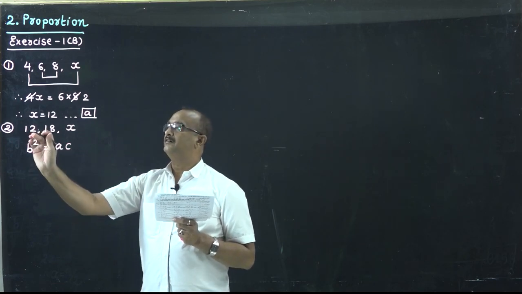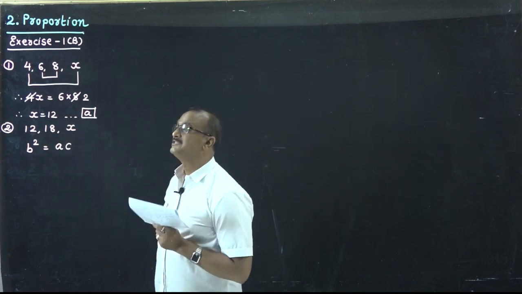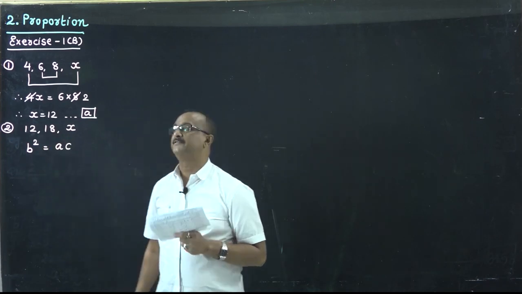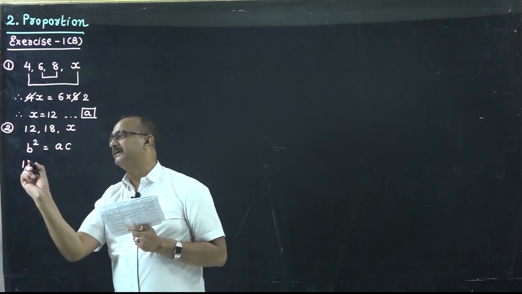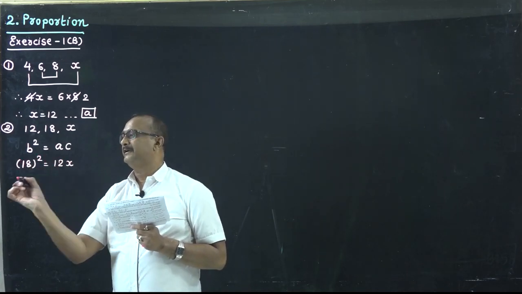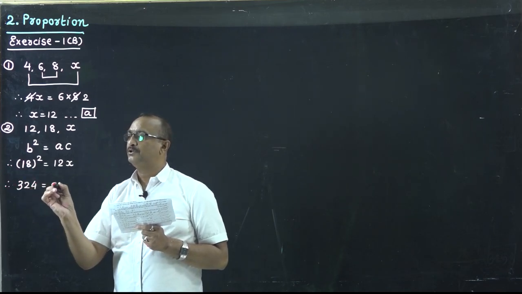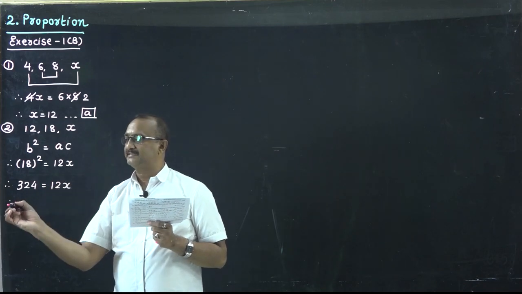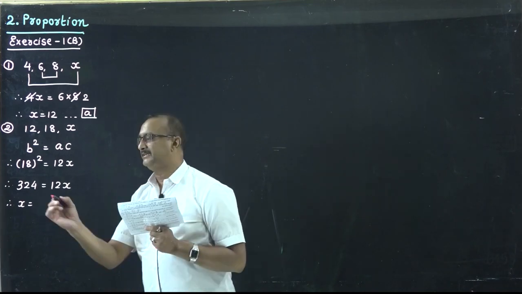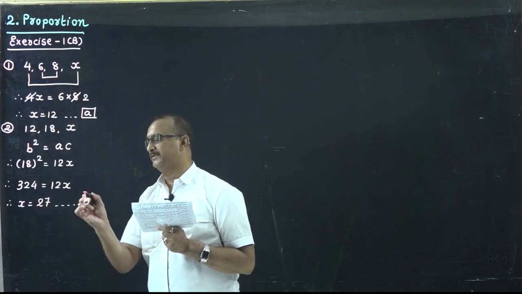If first term is A, second term is B and third term is C, the formula is mean square is equal to product of extremes. B square means 18 whole square is equal to 12x. 18 square is 324, equal to 12x. Therefore x is equal to 324 by 12, it becomes 27. And the correct answer is B.